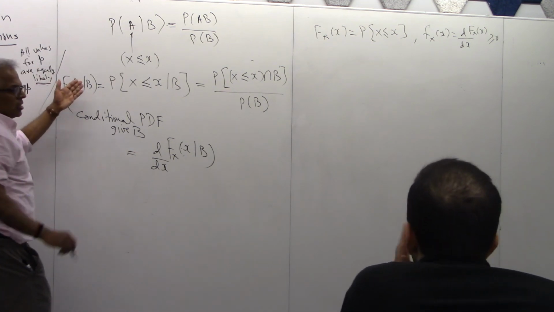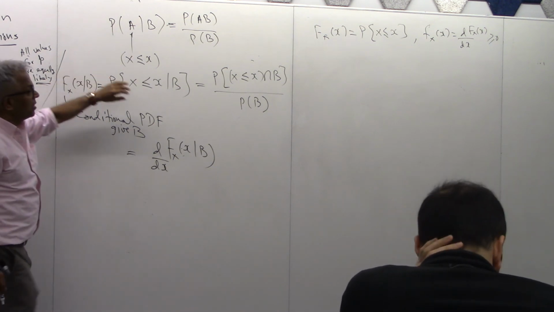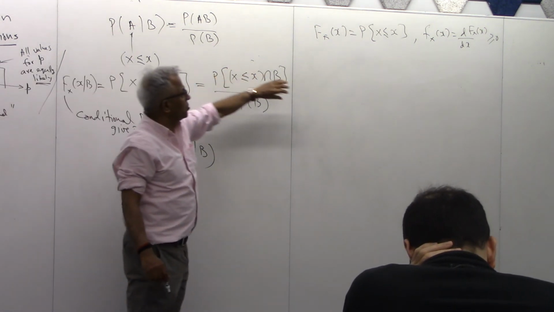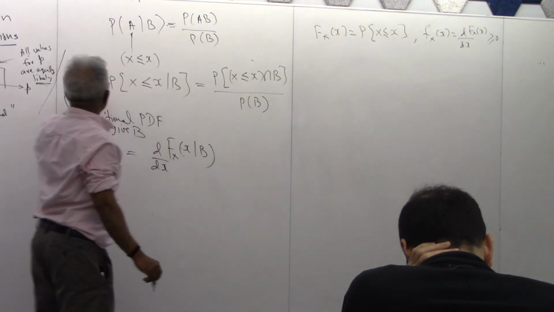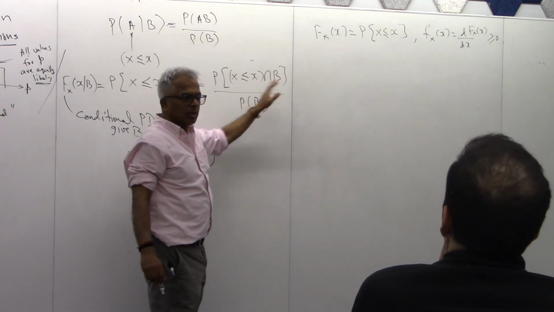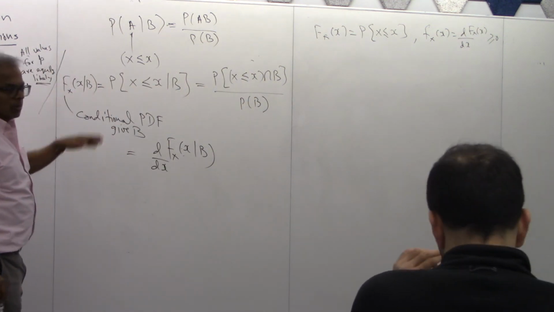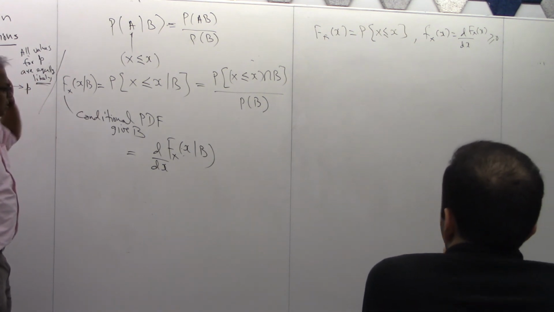Again, we can quickly check that all the properties are true. You put x equal to minus infinity, this will be the null set, so this will be 0. If you put x equal to plus infinity, this will be the whole set, P(B) over P(B) is 1. And similarly, you can prove the monotonic, non-decreasing nature, etc.